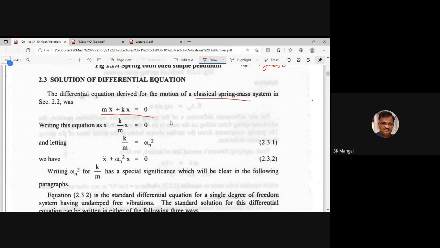Divide this equation by m, it becomes x double dot plus k upon m into x. If you remember my first lecture class, I have told that this is equal to x double dot plus omega n square into x is equal to 0. So I can say this component is equal to omega n square.